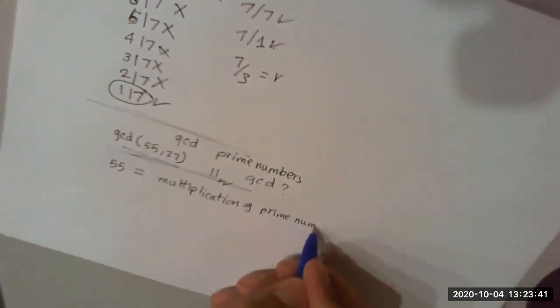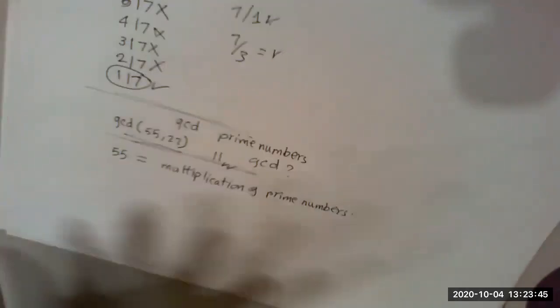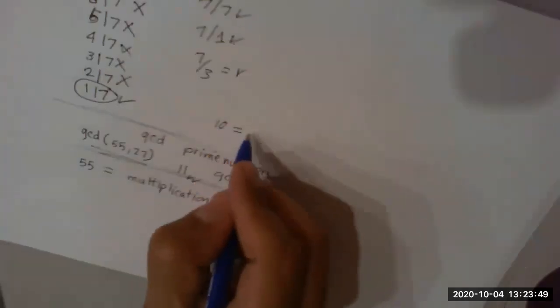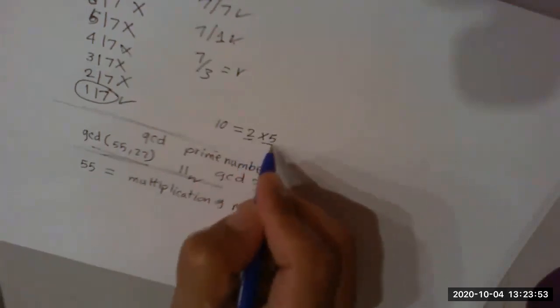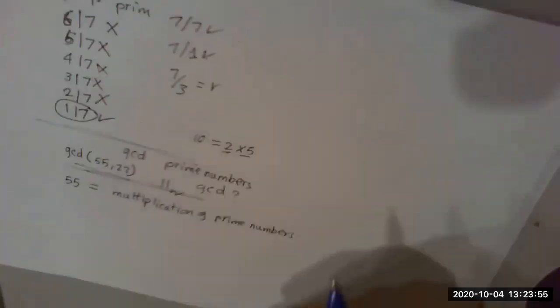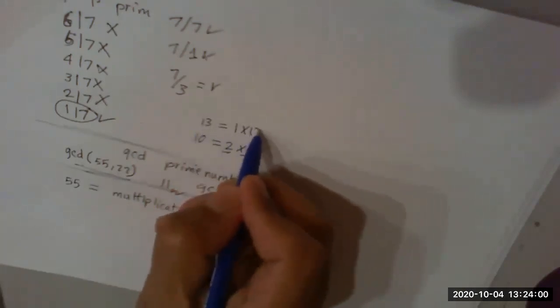Any number can be a multiplication of a collection of prime numbers. Let me take 10. 10 can be 2 multiplied by 5. 2 is a prime number and 5 is a prime number. What about 13? 13 is 1 by 13 because it is a prime number.